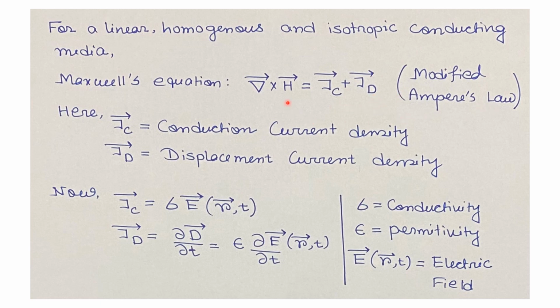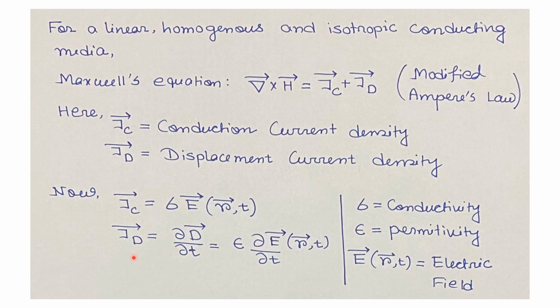In this equation, the H vector is the magnetic field intensity vector, JC vector is the conduction current density, and JD vector is the displacement current density. Now, the conduction current density JC vector is given by sigma times E vector. Here sigma is the conductivity of the media and E vector is the electric field vector.